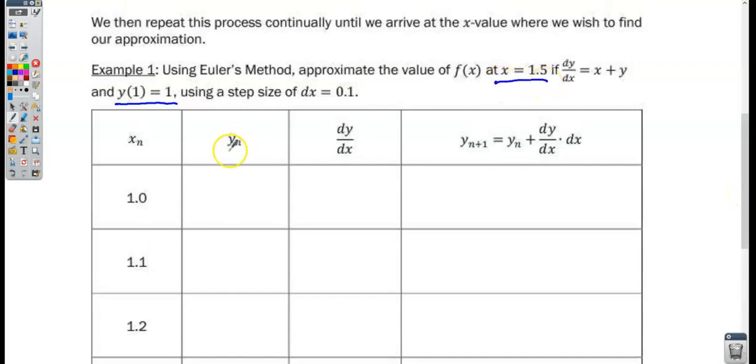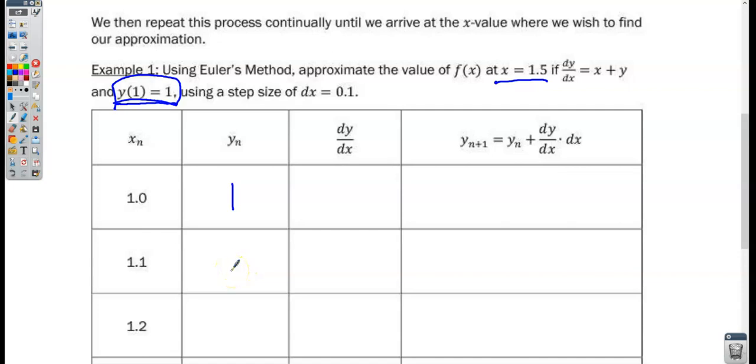I have a column for my y values. The first y value I get from this initial condition right here, that's 1. Then I have 2 more columns, one where I find the value of dy/dx at this point, and one where I do this calculation, starting with my previous y, adding in dy/dx times dx to get my new y. And then my new y is going to transfer over to the next row of my table.